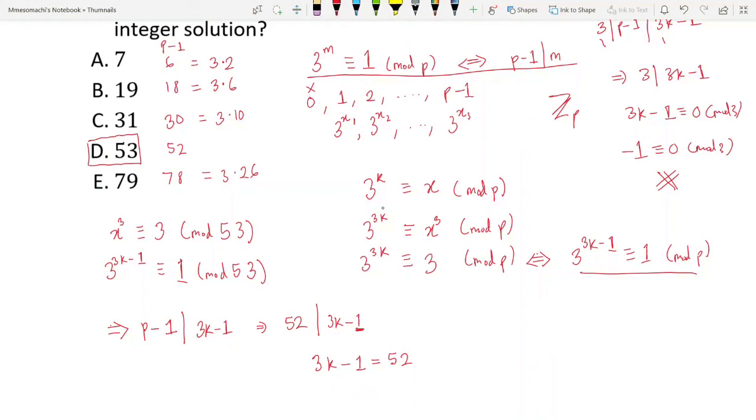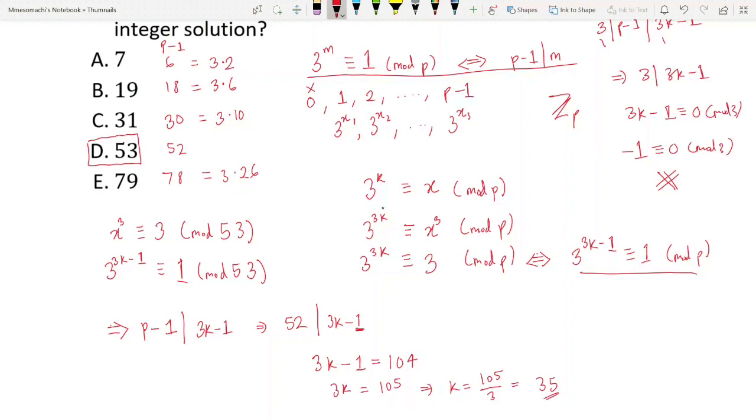So let's equate it to 2 times 52, which is 104. Then we get 3k equal to 105, and this implies k equals 105 over 3, which is equal to 35.